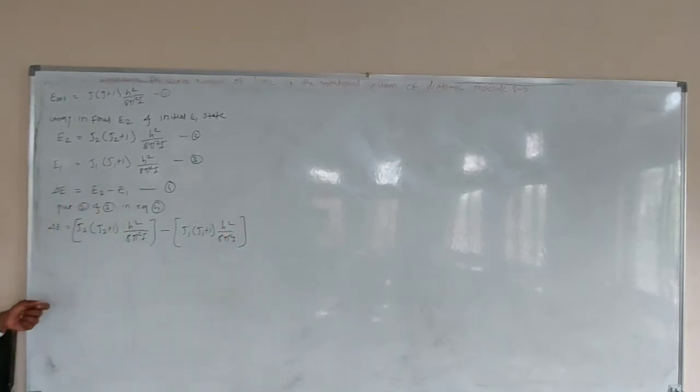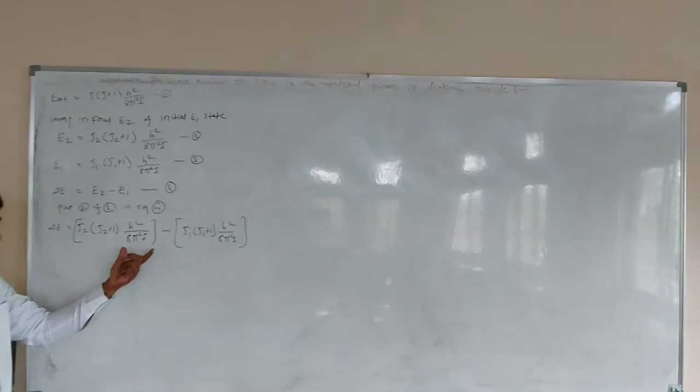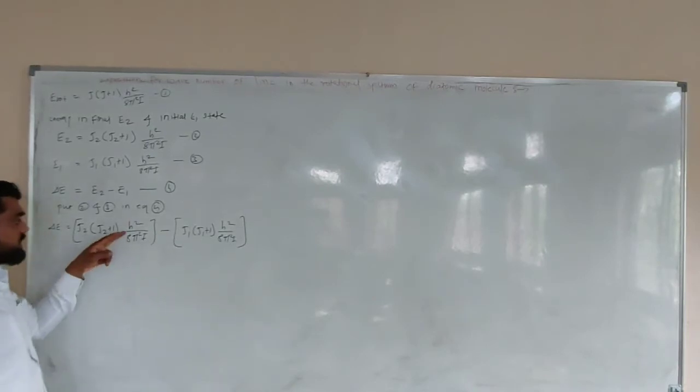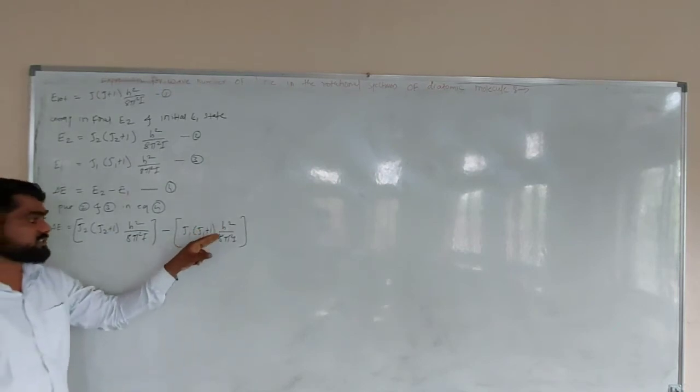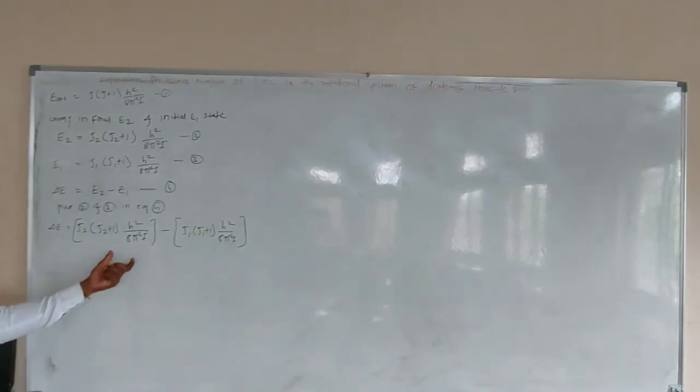Now simply, the common term can be separated out. In the two equations, h square upon 8 pi square I and h square upon 8 pi square I are the common terms.